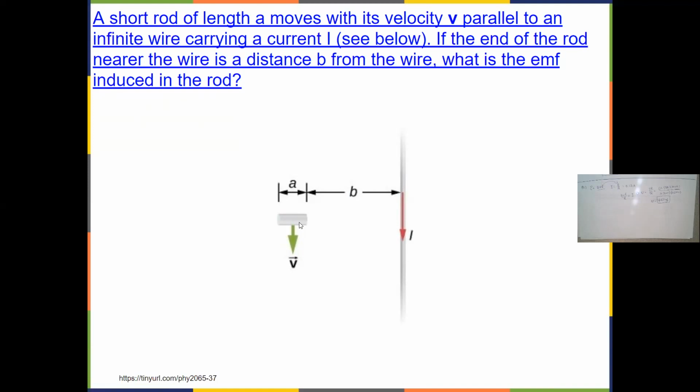So the electrons will experience magnetic force and will be moved to one side of the rod. Then the other side of the rod will be positively charged. One side will be negative charge, the other side will be positive charge. So there will be a potential difference between the two ends of the rod. Okay, so that's basically what is going to happen.